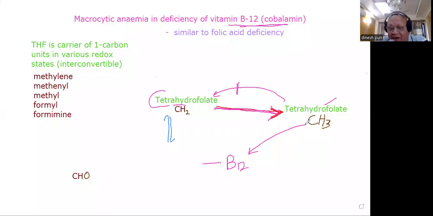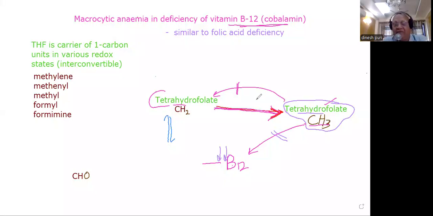At the moment, the only way to get rid of the methyl group is to transfer it to B12, and if B12 is also deficient, then what will happen? If it is deficient or absent, this transfer will not be possible. So methyl tetrahydrofolate will remain as such in this trapped form. In other words, tetrahydrofolate has now been trapped in the form of methyl tetrahydrofolate.